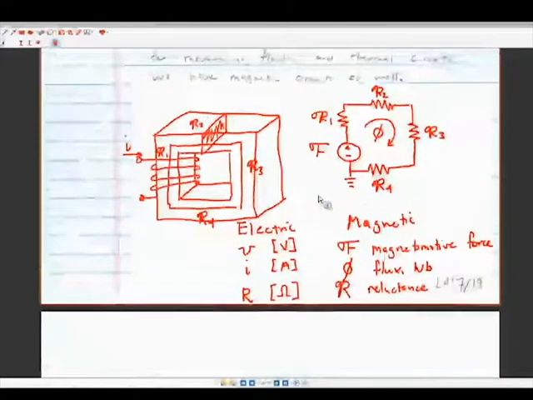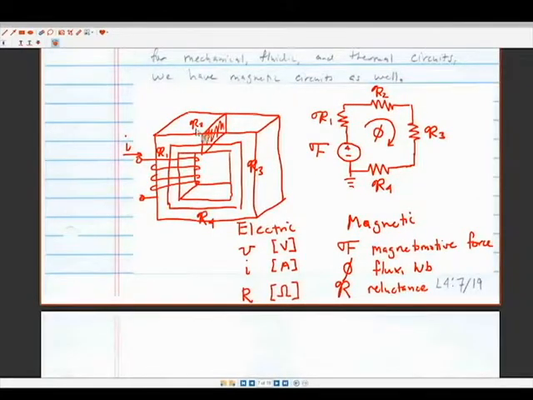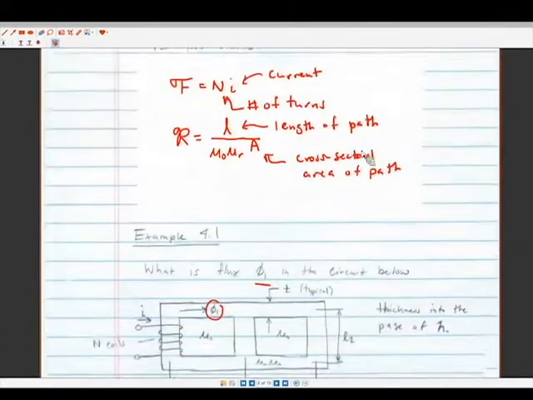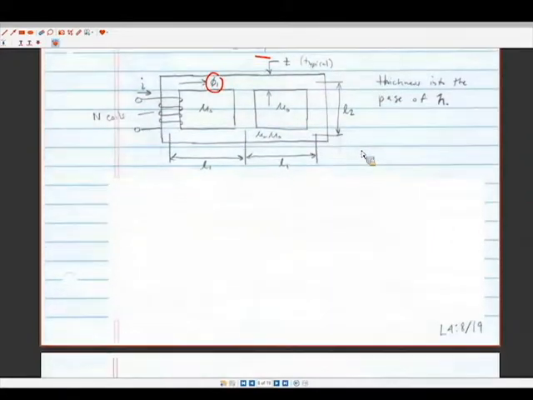Just mapping back to our previous example, anytime we see a coil with a current going through it, we're going to call that a magnetomotive force, and we're going to represent that by a voltage source, F. We'll just connect this bottom to ground just to make our life simple.